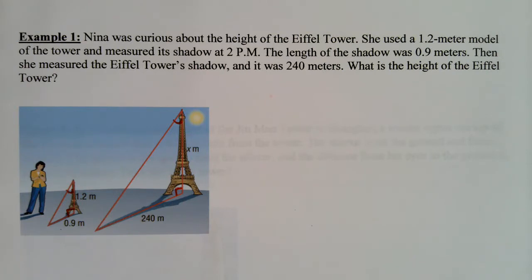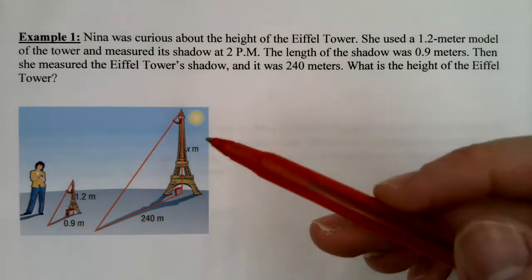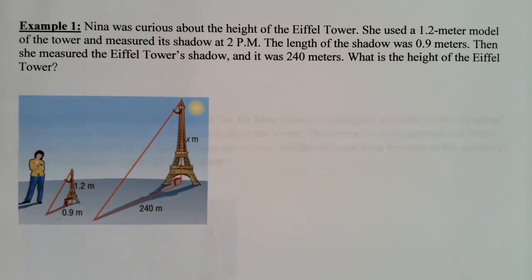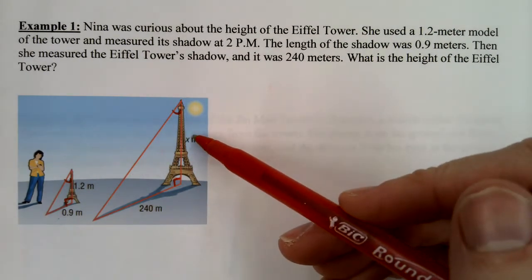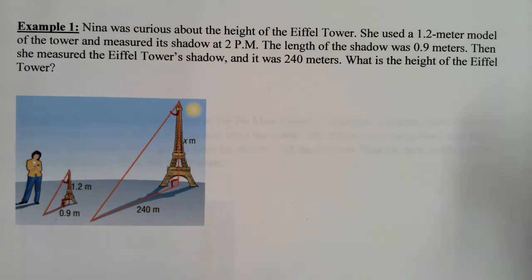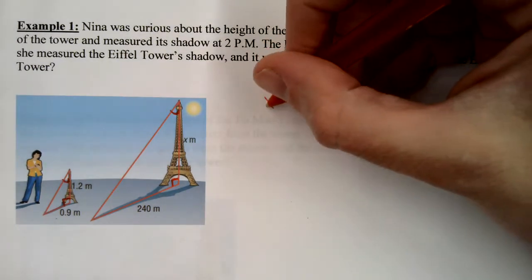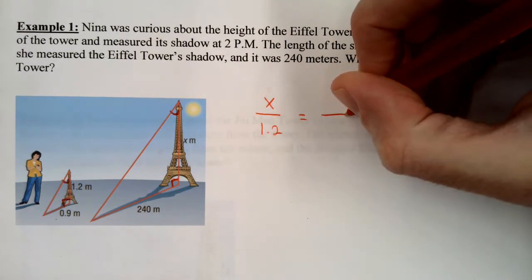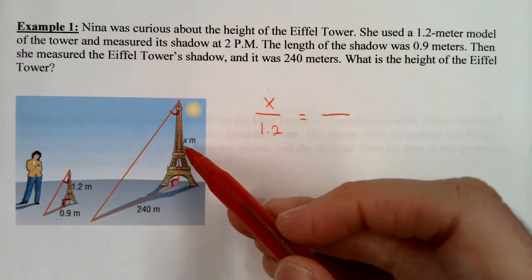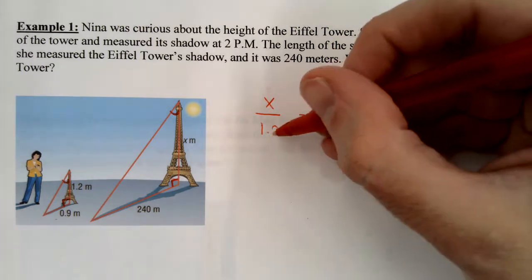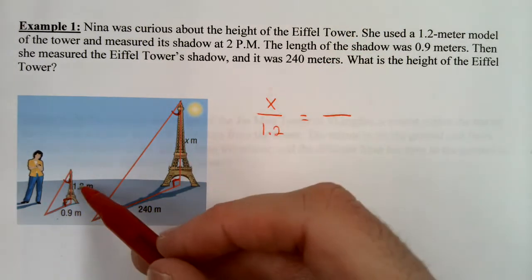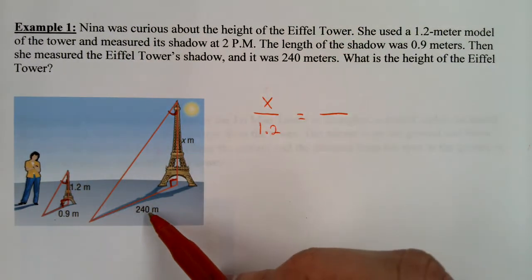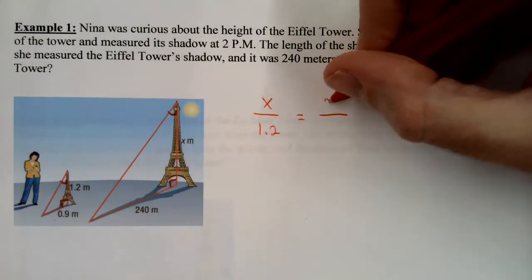So I'm going to write a proportion and solve. Make all your numerators come from one triangle, and make all your denominators come from the other triangle. So I will do x over 1.2 equals 240 over 0.9.